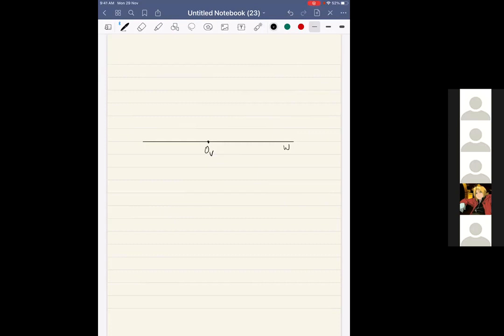Now, give me some choice of W prime. Any line through the origin but not equal to W. Yes, any line through the origin but not equal to W.